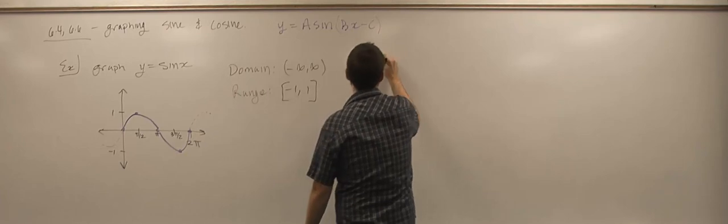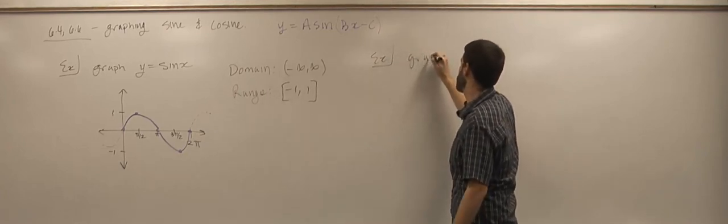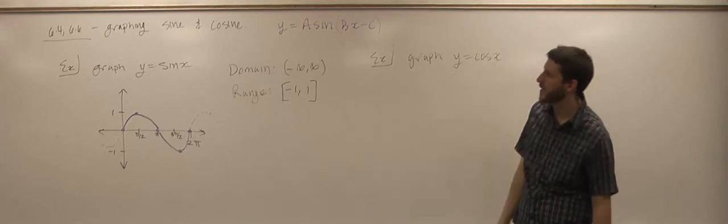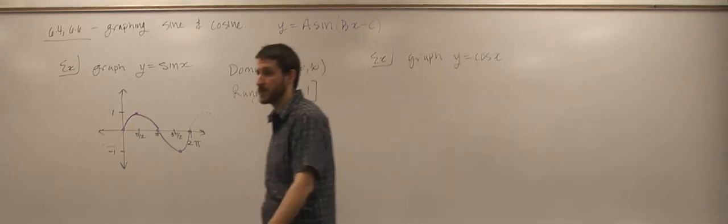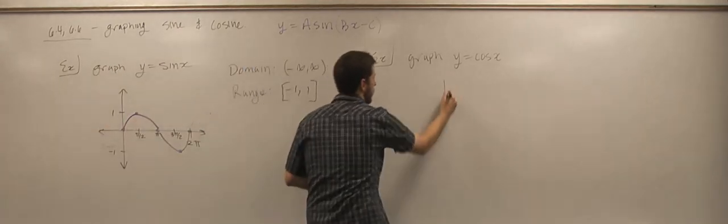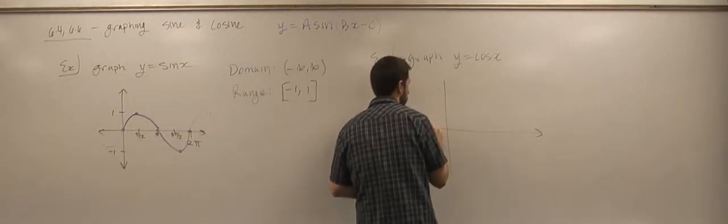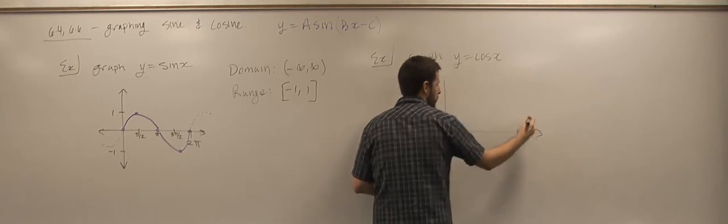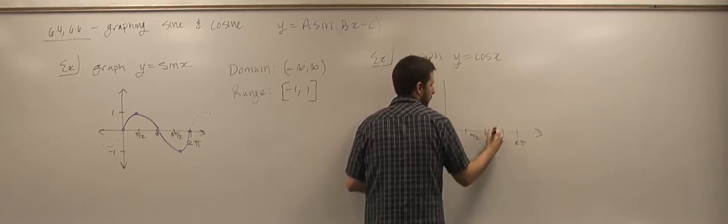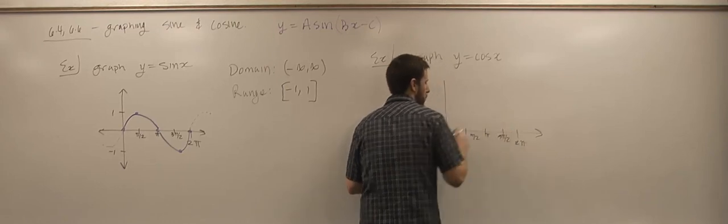So what changes if I just have you graph y equals cos x? So cosine instead of sine. Cosine starts from a maximum. That's the main difference. You're still going to go out to 2 pi to get one full period, and you're still going to break that into quarters: pi over 2, pi, 3 pi over 2.